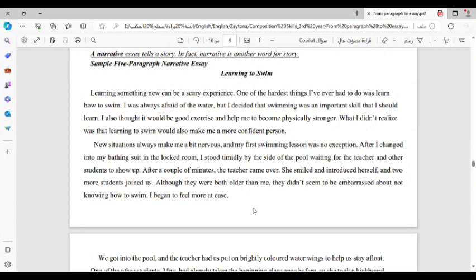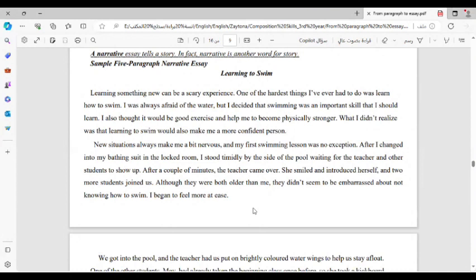Is it narrative? Is it expository? What do you think? A narrative essay. Why? Because you are talking about a story that happened to you. Like a very short story. Yes, very good. So this is a narrative essay.